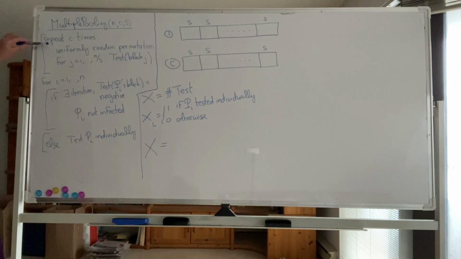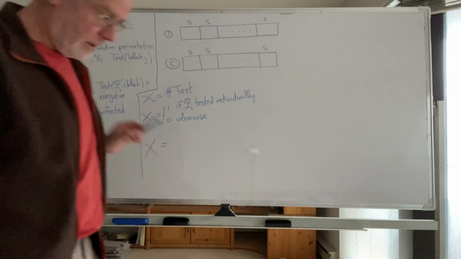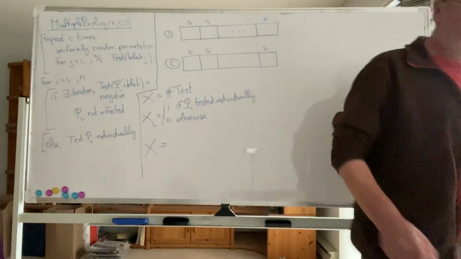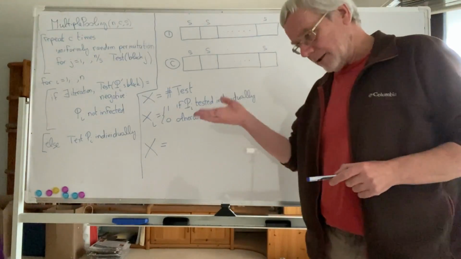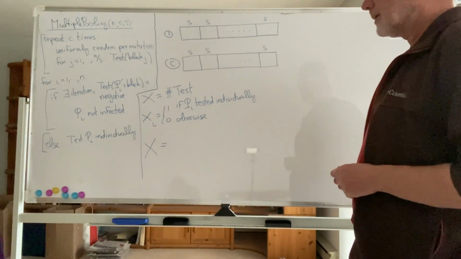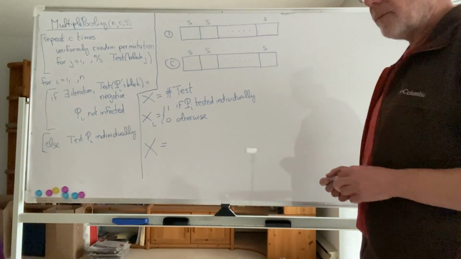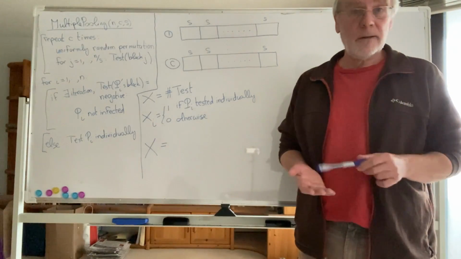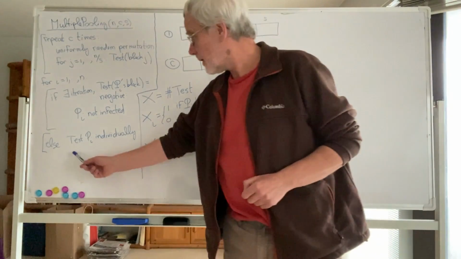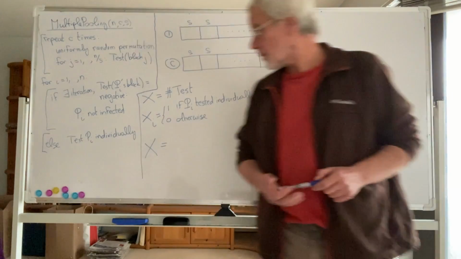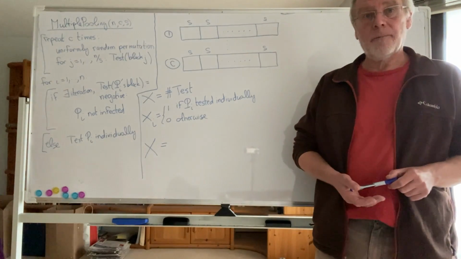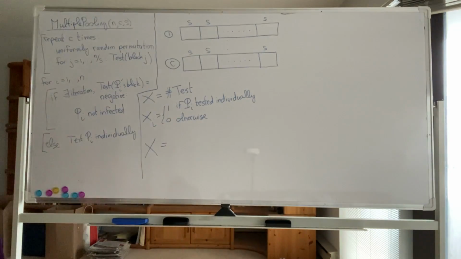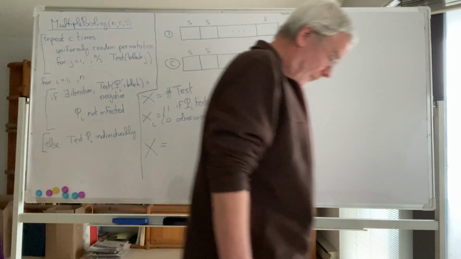So if we do this C times, and every time the test for the block where person number I is returns positive, then maybe P sub I has been infected, maybe not, we don't know. So then we just do the naive thing. We test person I individually. Okay, so this is called multiple pooling.